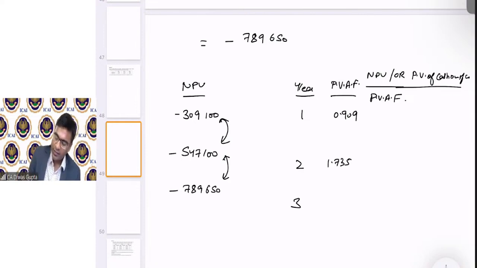Then for the third year, 1.735 plus the third year conversion factor, which will be total 2.486. Okay, these are just simple present value annuity factors. I hope everyone is there with me till now. If there is some question, please do put.